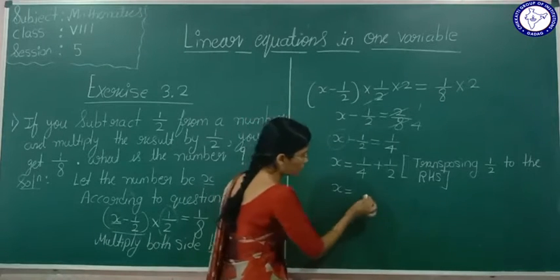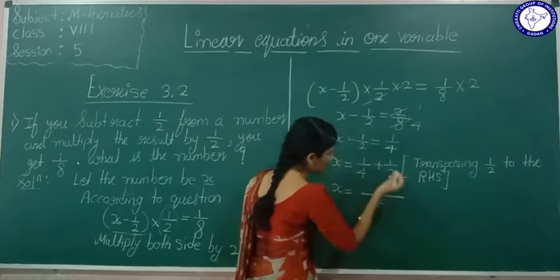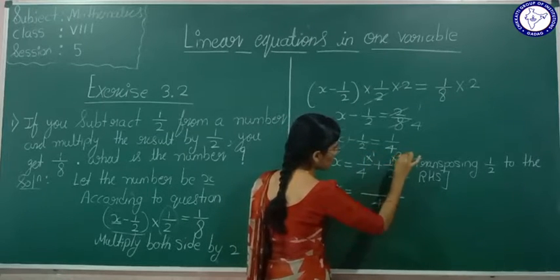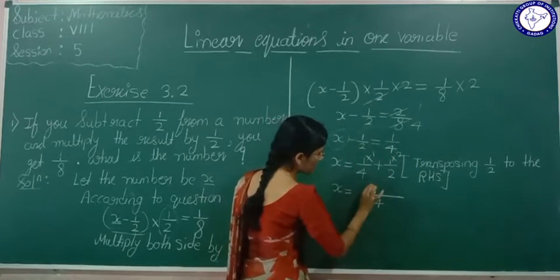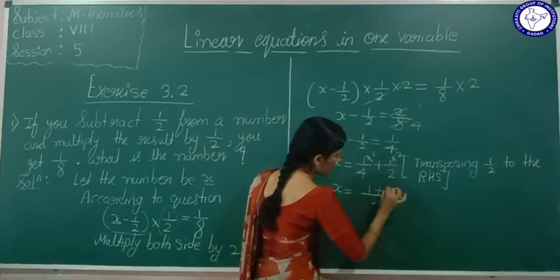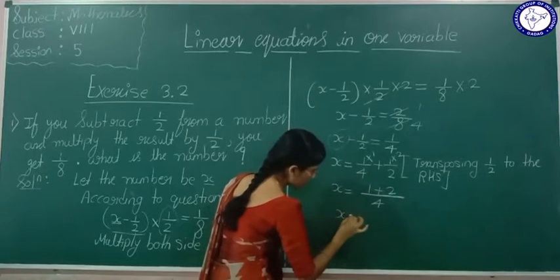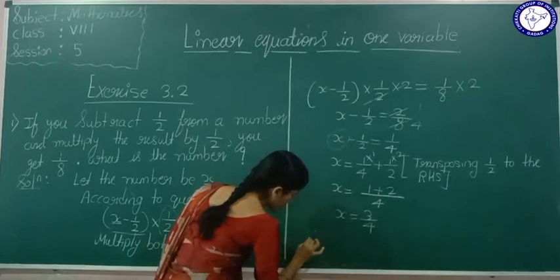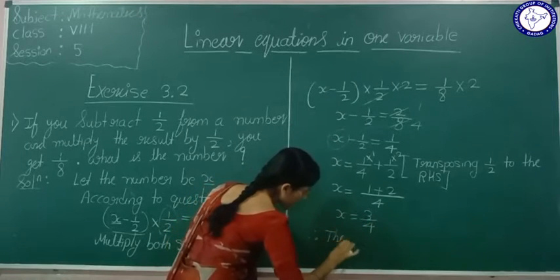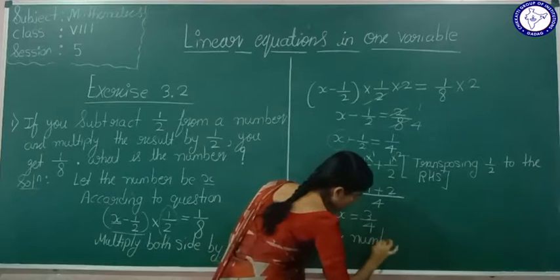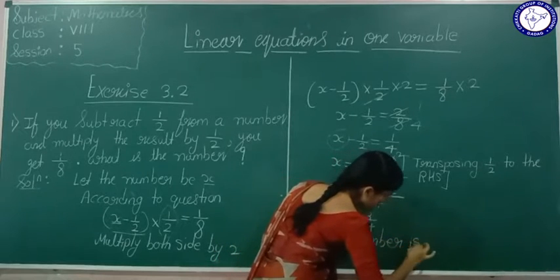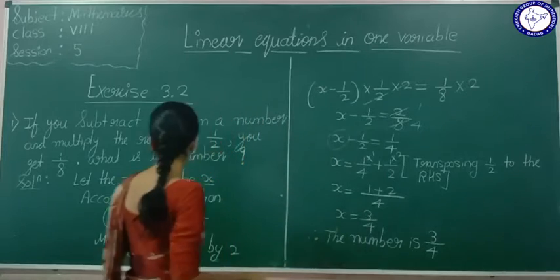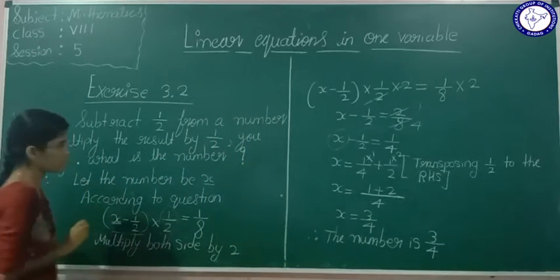The LCM of 4 and 2 is 4. 4 ones are 4, 2 twos are 4: 1 plus 2 is 3. So x is equal to 3/4. Therefore, the number is 3/4. Now we will do the verification.